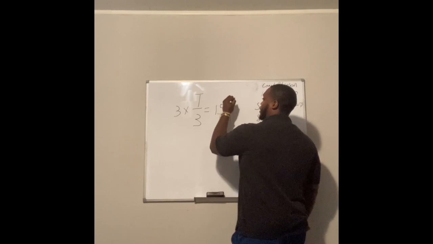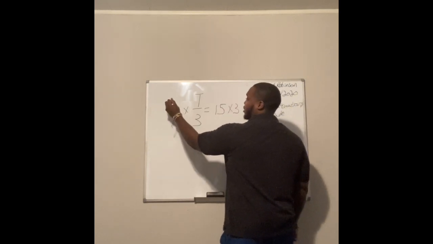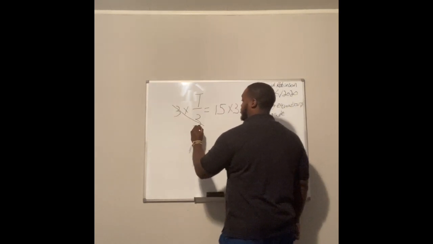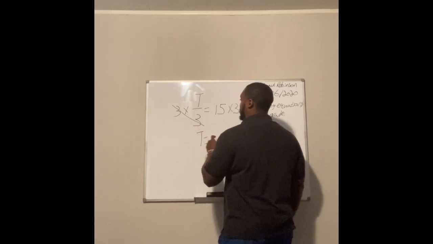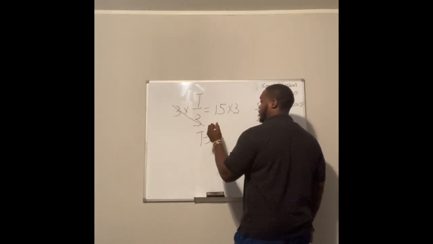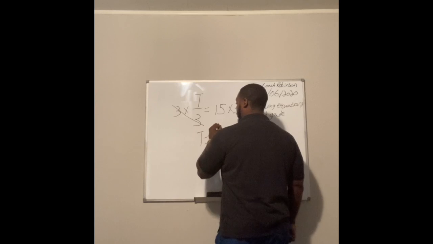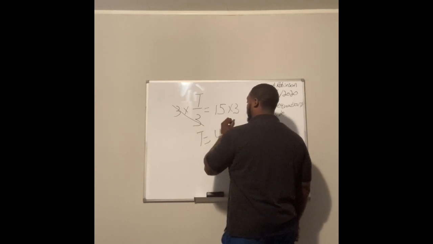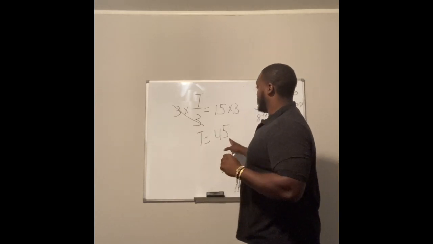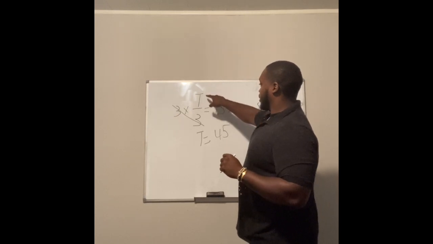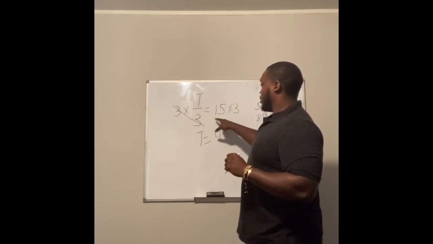So we're going to times 15 by 3. These 3's will cancel out, leaving your variable t equals the result of 15 times 3, which is 45. And I should be able to plug in t as 45 and divide it by 3 and get 15.